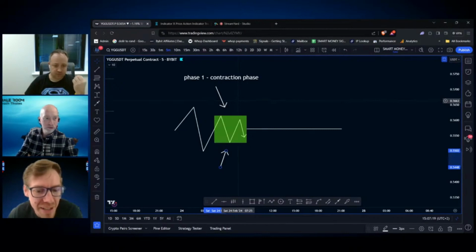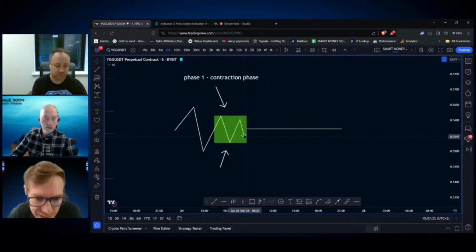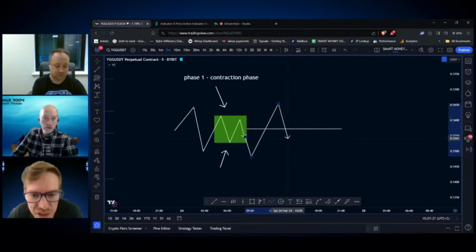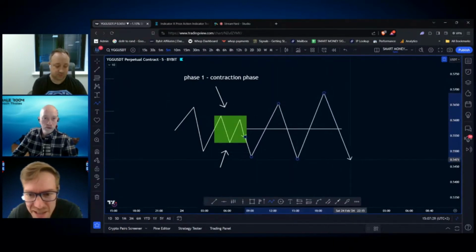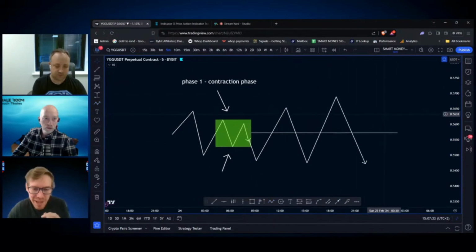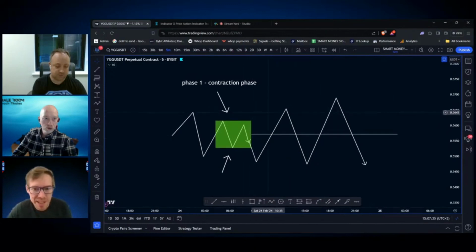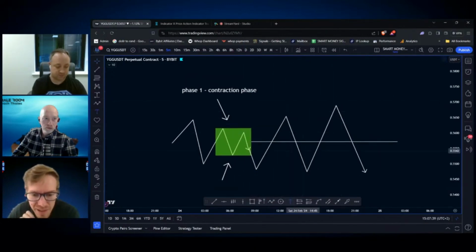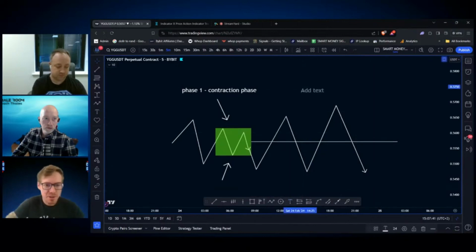We know the second phase is coming next, which is what we call the expansion phase. This is where price breaks out of the box and it starts to whipsaw and oscillate around this value line. So we know once we get contraction, we know expansion will happen next. So let me just write here. So this is phase number 2. This is the expansion phase.